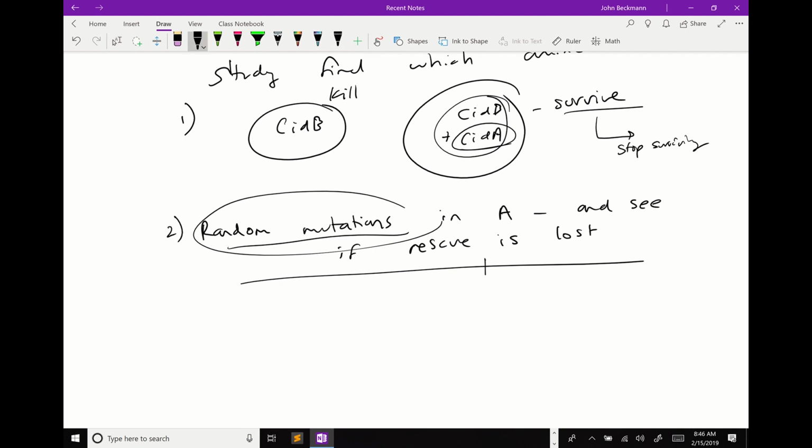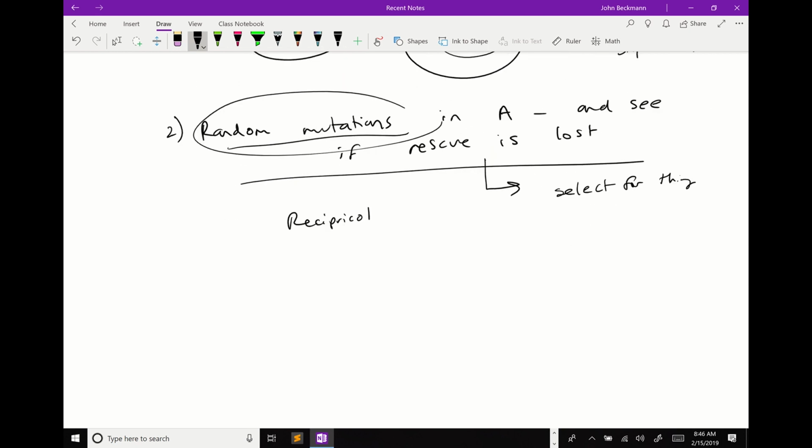But this is actually not the best way to do it because I don't actually have a way to select for things that die. It's hard to study things that die because they're not alive. So if I take the reciprocal of this logic, there's a better way to do it. Here's another scenario. A1 and A2.